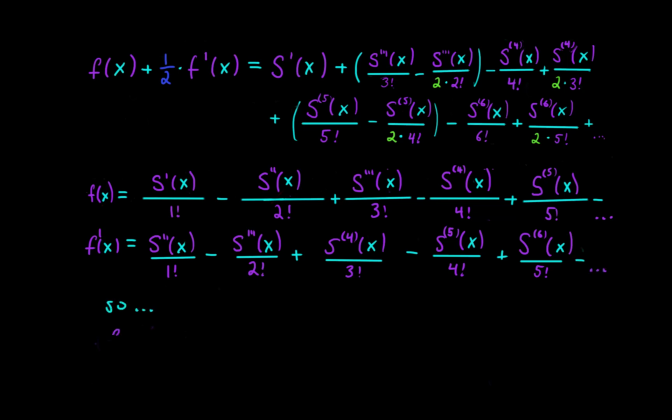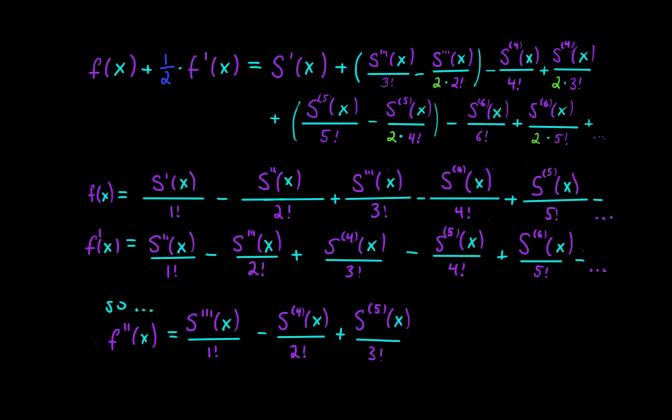So we have f double prime of x would equal s triple prime of x over 1 factorial minus s quadruple prime of x over 2 factorial plus s5 of x over 3 factorial minus s6 of x over 4 factorial plus s7 of x over 5 factorial minus dot dot dot.